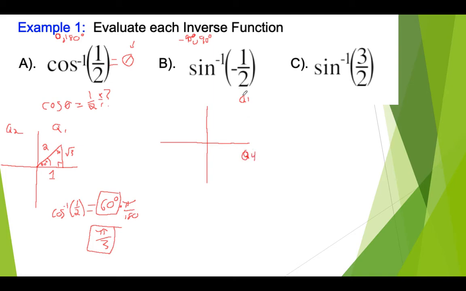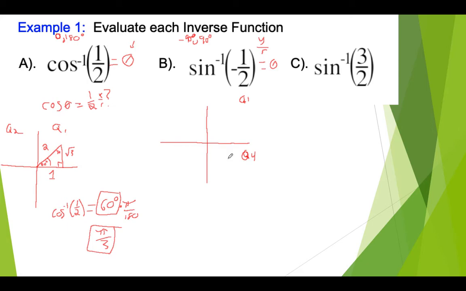Okay. And so, well, when would sine be negative? Well, remember, sine is y over r. Now sine wouldn't be negative over here, right? All students take calculus, all ratios will be positive in quadrant 1. That means it has to be in quadrant 4.